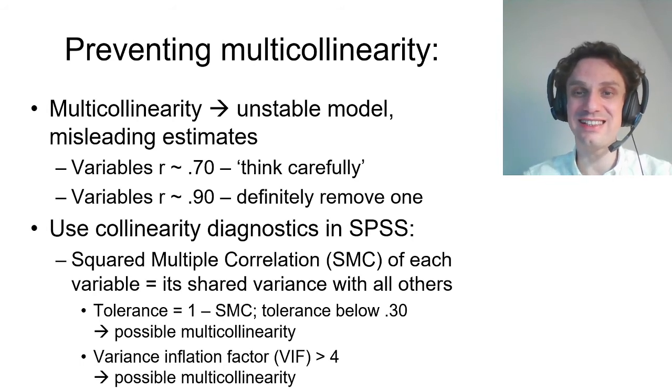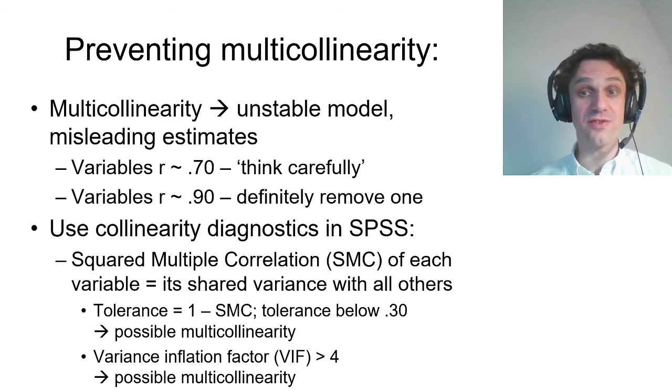In SPSS, we have a special statistic which is called tolerance. And tolerance is 1 minus squared multiple correlation. Squared multiple correlation is basically the variance that is shared by each predictor with all other predictors.